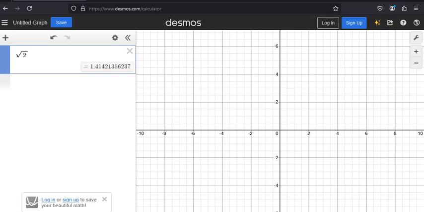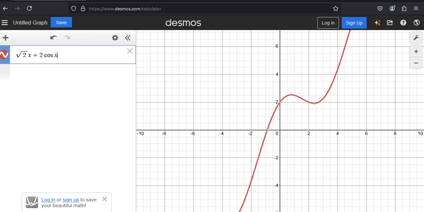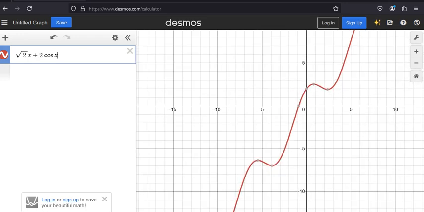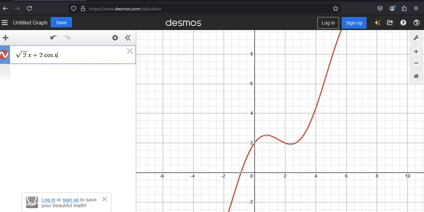Square root 2 x on the outside plus 2 cosine x. Max at pi over 4. Min at 3 pi over 4. And nothing else between 0 and pi, right? It just climbs after that. Oh, sorry, that's from 0 to 2 pi, right? So before 6.28, we don't get anything else. That's the other side of it.